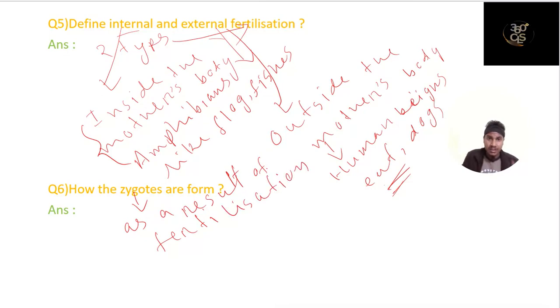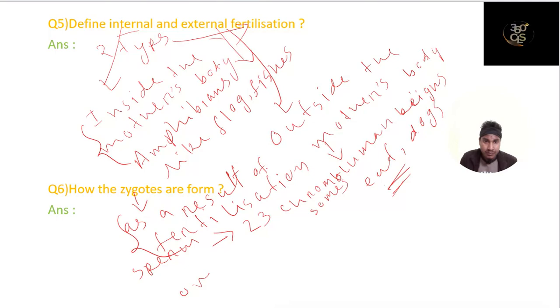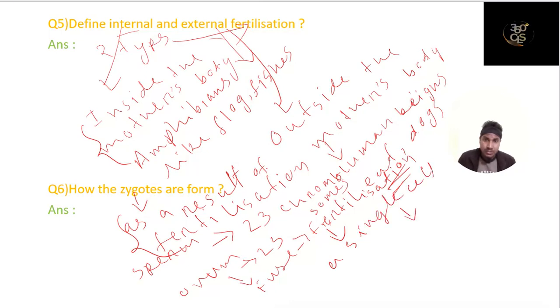So when male sex cells, that is sperm which contains 23 chromosomes, and ovum, which is the female gamete, also contains 23 chromosomes, when this sperm and ovum fuse with each other, which is known as fertilization, and form a single cell, which is the zygote.